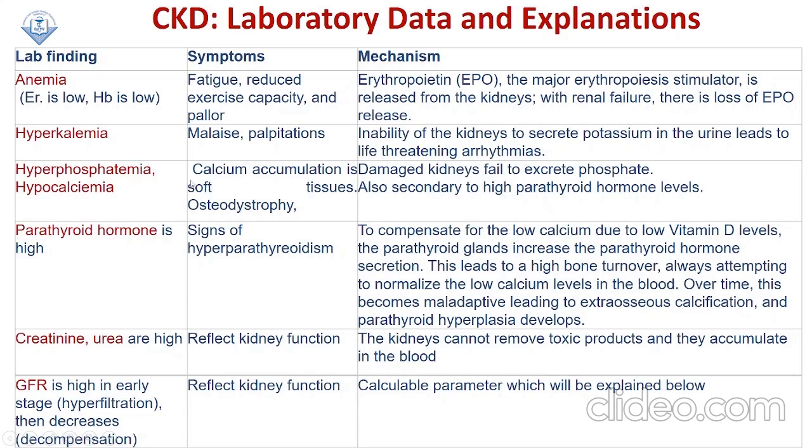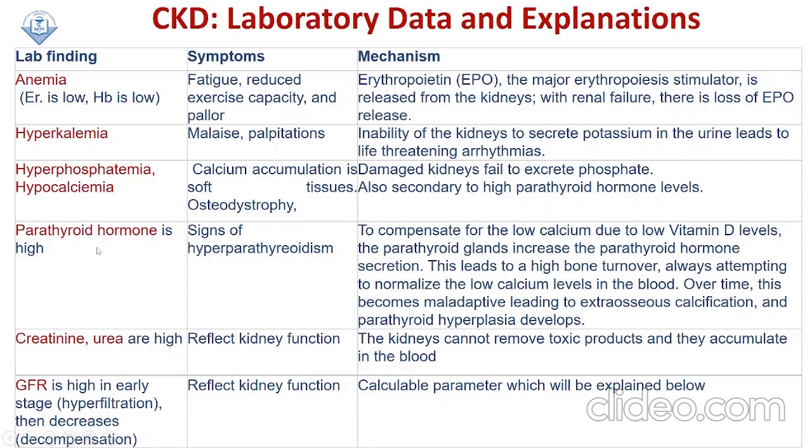Why is it a problem? Because calcium accumulates in soft tissue. It is decreased in the blood, but it accumulates in soft tissue. It stimulates kidney stones, it stimulates atherosclerosis with calcium accumulation, and so on. And also osteodystrophy develops because bone metabolism is damaged.